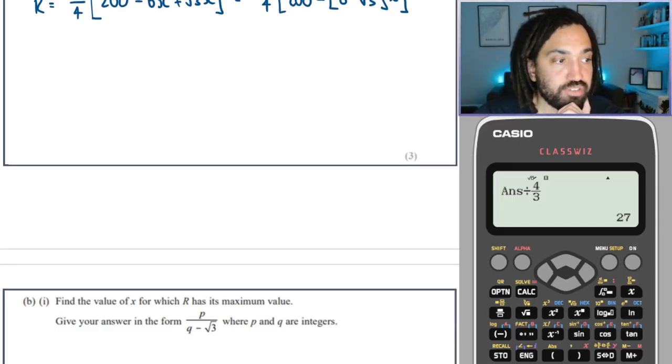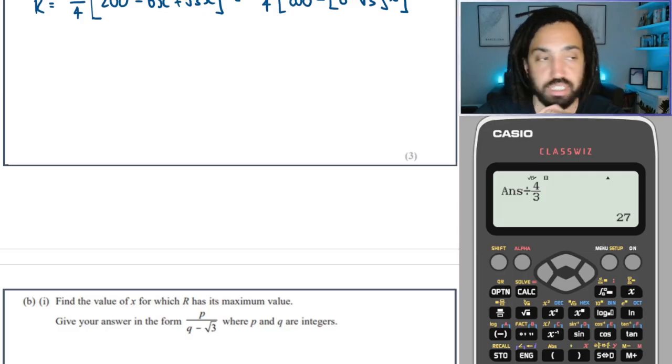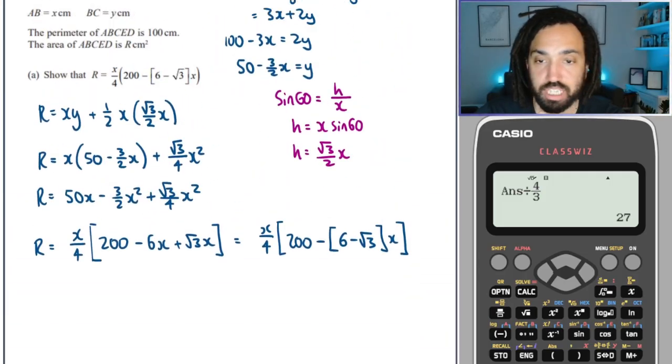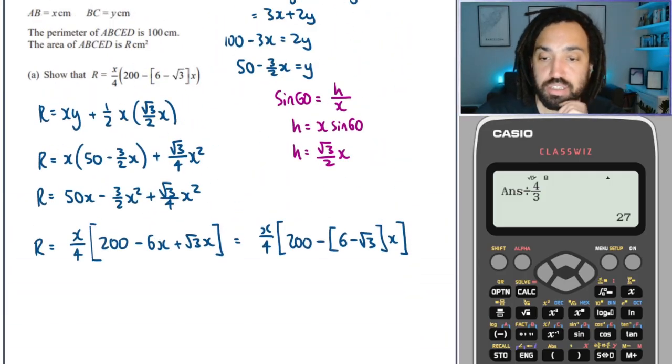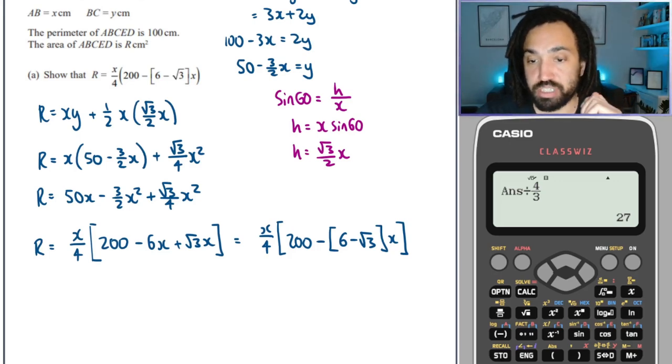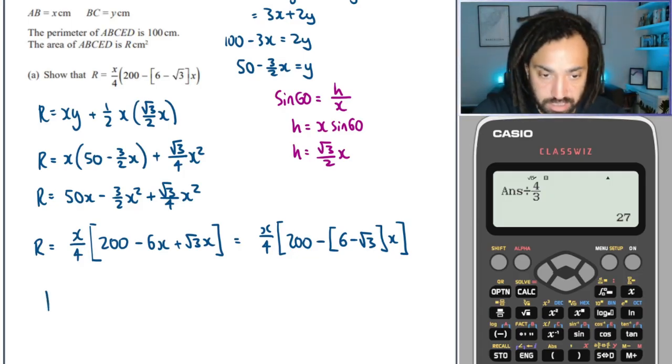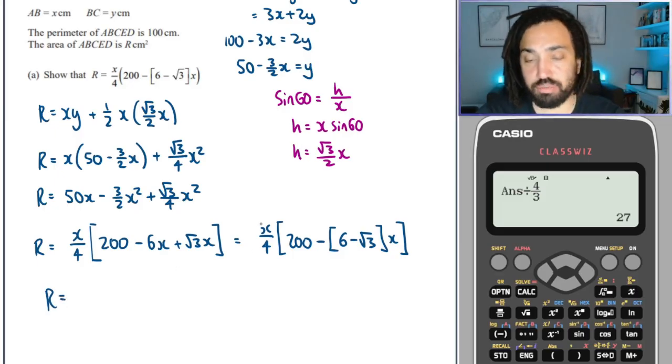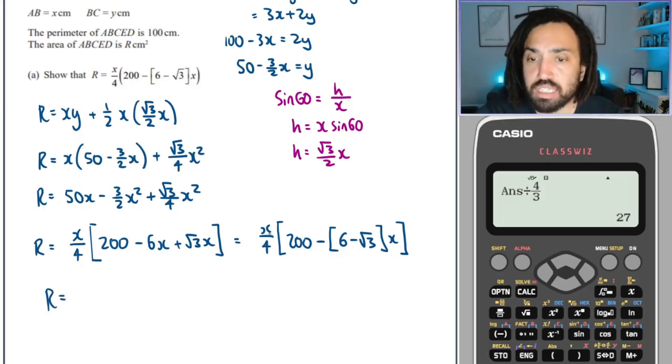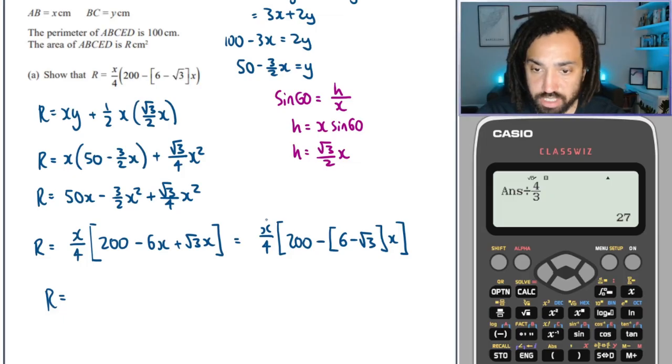So it says find the value of x for which r is a maximum value. Okay, so I'm just going to do it up here because I want to keep this working here. So the maximum value happens when we differentiate. Now, in order to differentiate, I need to actually expand these brackets. So I'm going to expand the first term here.